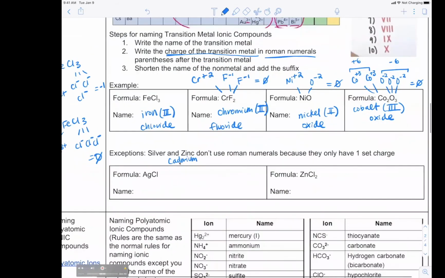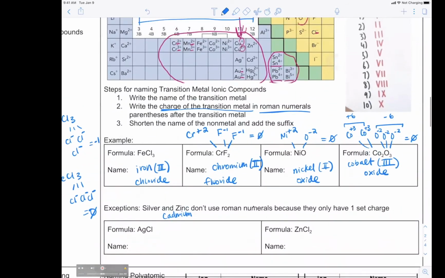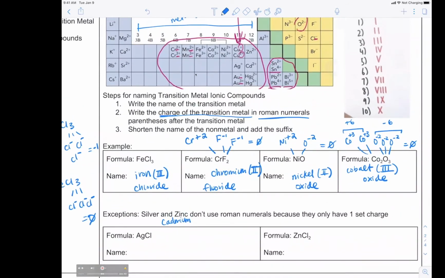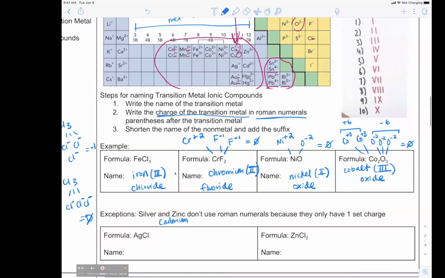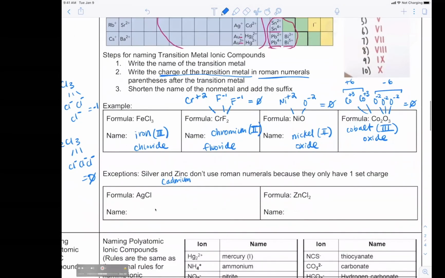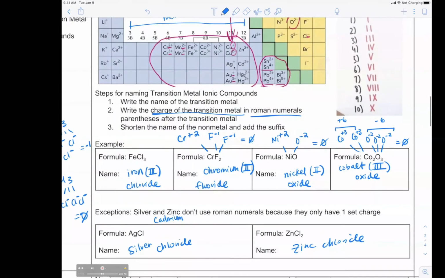If you only have one set charge, you don't need Roman numerals, because the Roman numerals are only there to indicate which charge you have. So for example, AgCl would just be silver chloride. Zinc and Cl would just be zinc chloride. There's no need to put Roman numerals because these have a set charge, right? Ag, zinc, and cadmium.